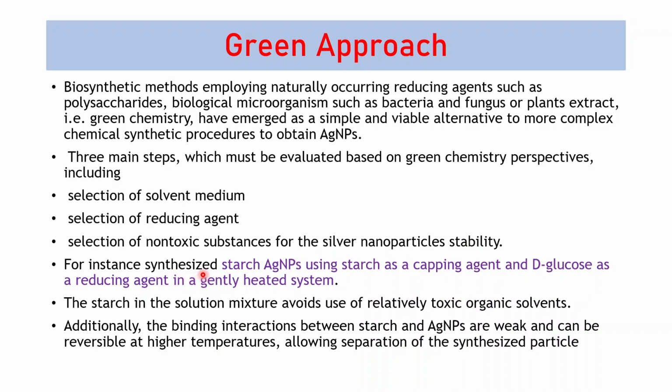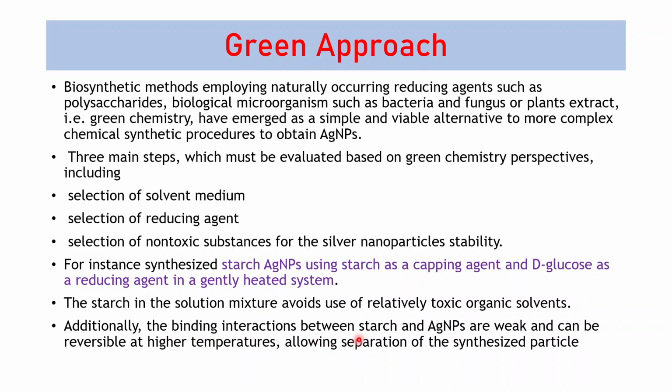One of the preparation methods is the synthesis of starch Ag nanoparticles, where starch is used as a capping agent and D-glucose as the reducing agent in a heating system. Here, the starch solution mixture avoids the use of relatively toxic organic solvents.